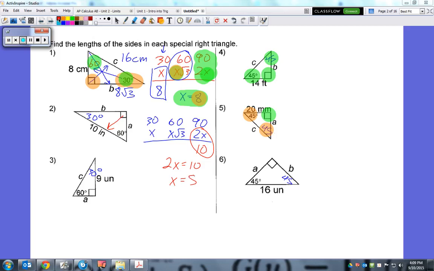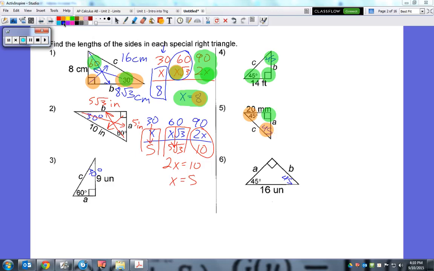So this x right here is going to be equal to 5, and this right here, when I substitute 5 in, is 5 root 3. So the side opposite 30 is going to be 5 inches, and the side opposite 60 is going to be 5 root 3 inches. Okay, so let me go ahead and put centimeters up here.